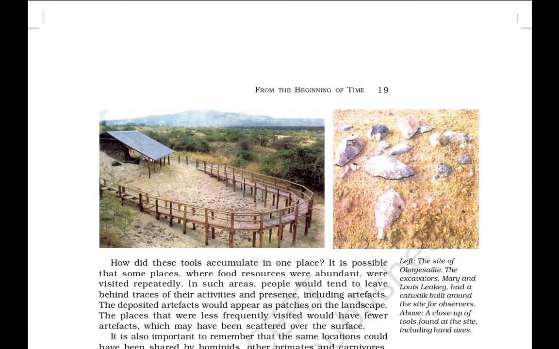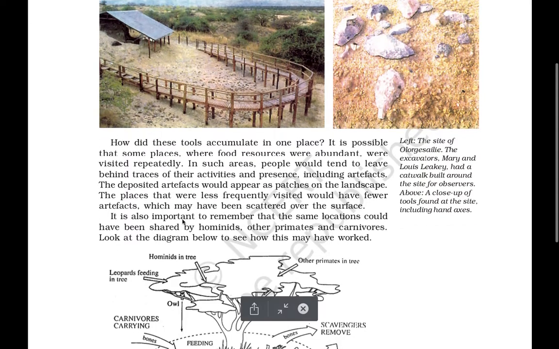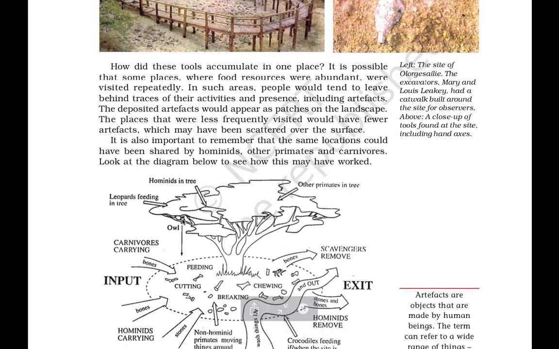How did these tools accumulate in one place? It is possible that some places where food resources were abundant were visited repeatedly. In such areas, people would tend to leave behind traces of their activities and presence, including artifacts.